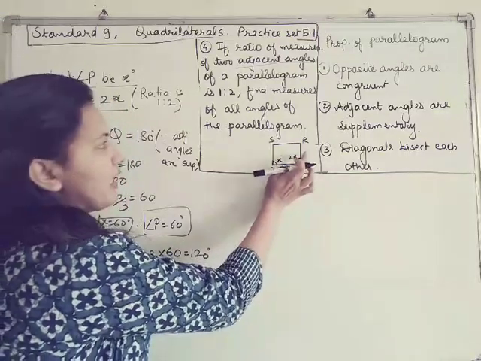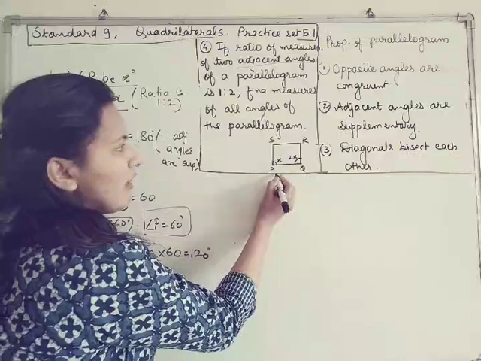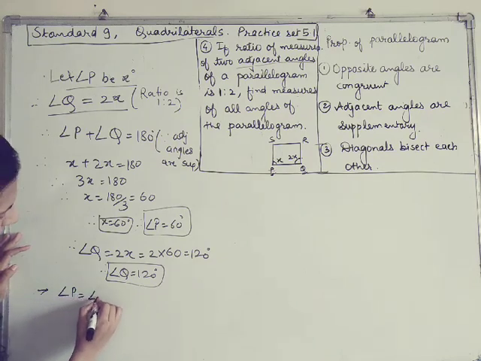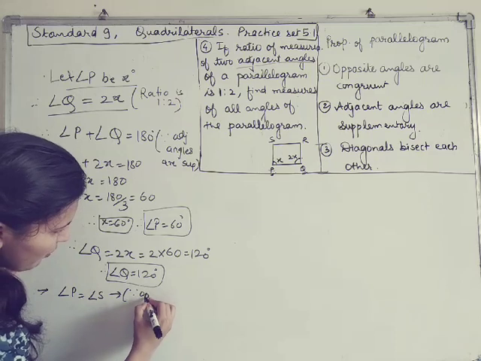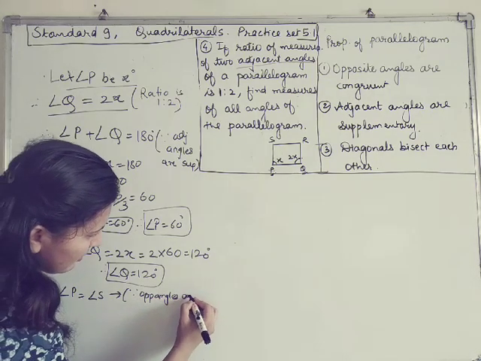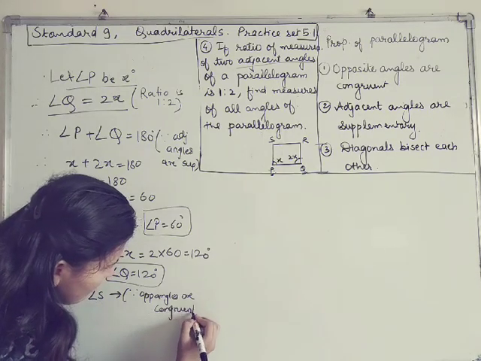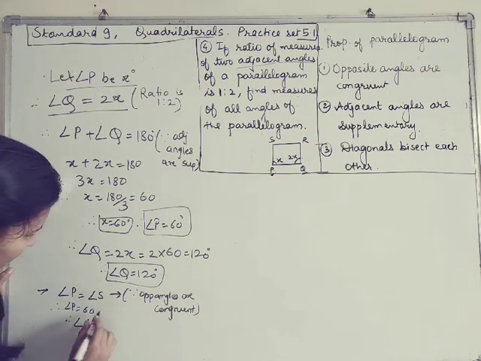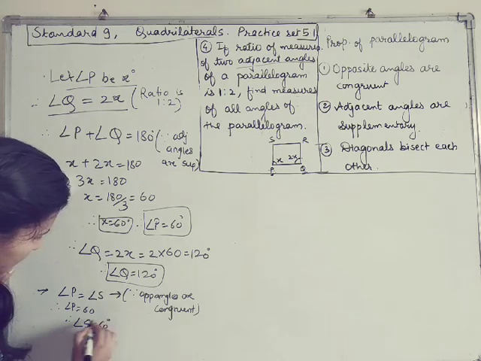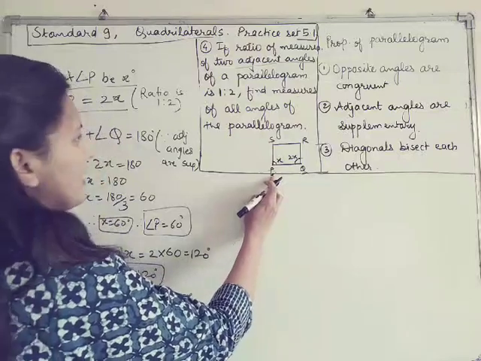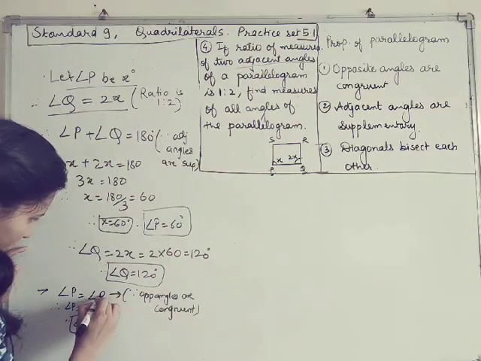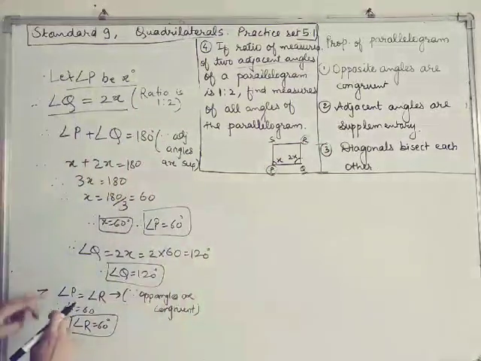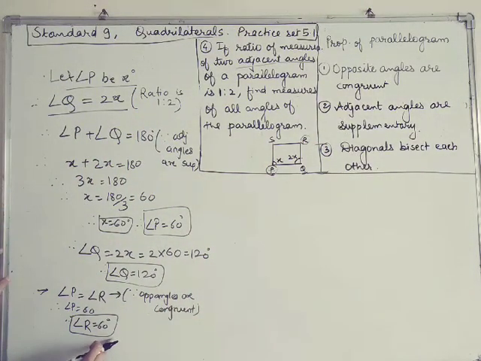So angle P is congruent to angle R, and angle Q is congruent to angle S. Angle P is congruent to angle R, since opposite angles are congruent. So if angle P is 60, angle R will be 60.